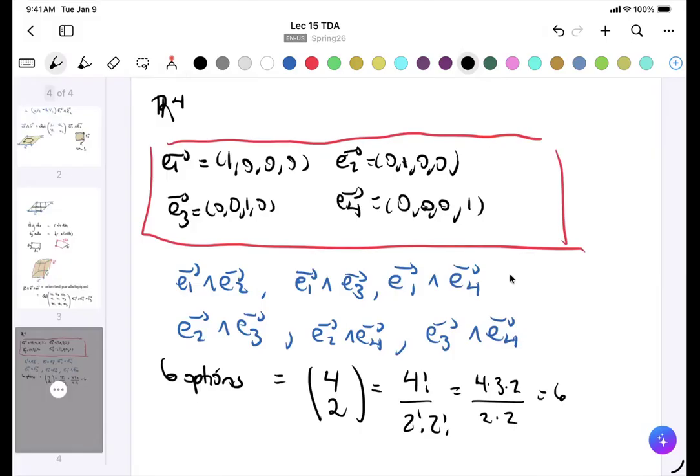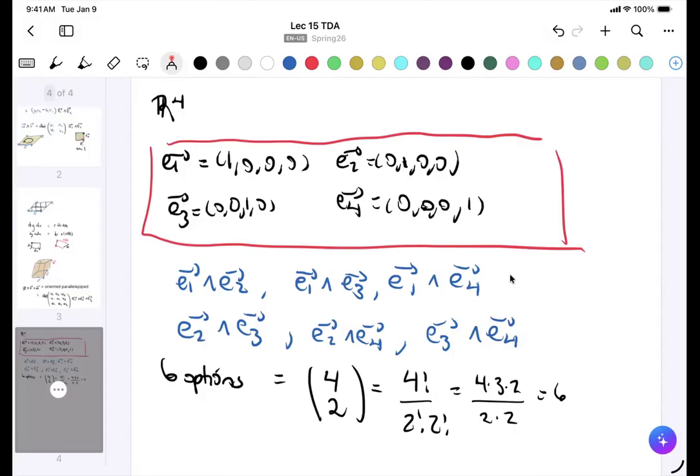Here, in 4 dimensions, you have 6 standard planes: XY, XZ, XW, YZ, YW, and ZW, or unit squares if you like. Any other parallelogram in 4 dimensions is a linear combination of those 6 unit squares.